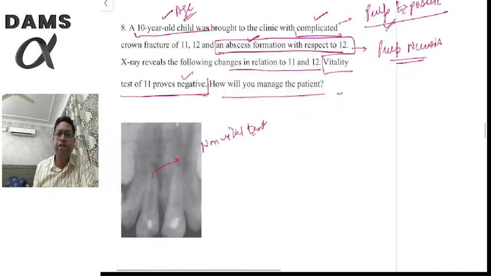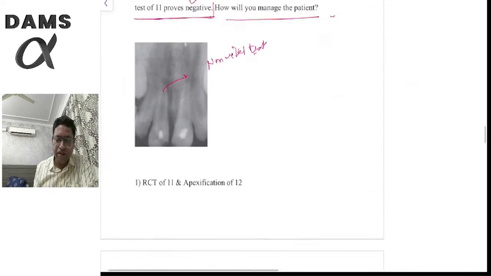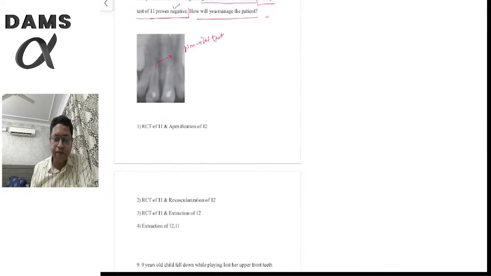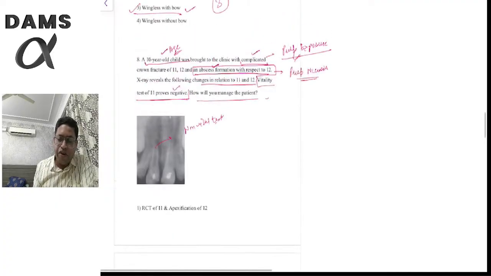How will you manage the patient? Now look at the options. RCT of 1-1 and apexification of 1-2. RCT of 1-1 and revascularization of 1-2. RCT of 1-1 and extraction of 1-2, extraction of 1-2 and 1-1. Now, when vitality test is negative, this also indicates pulp degeneration.